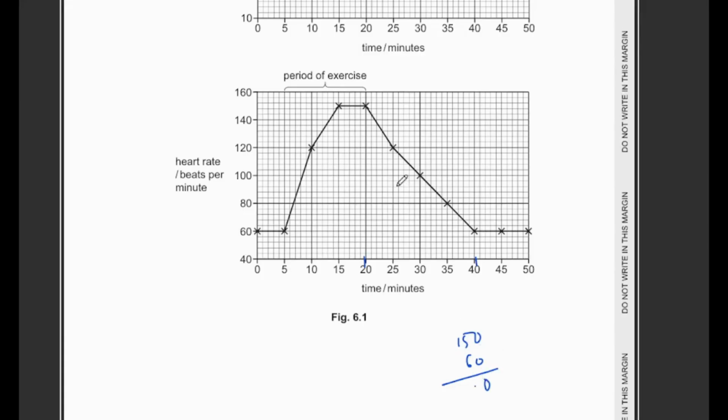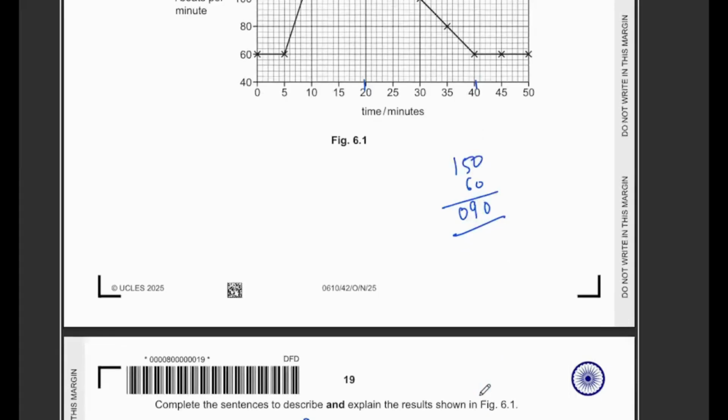This is 60, so this should be 40. So this is 150, we take, we get 90 here, total it is 90.